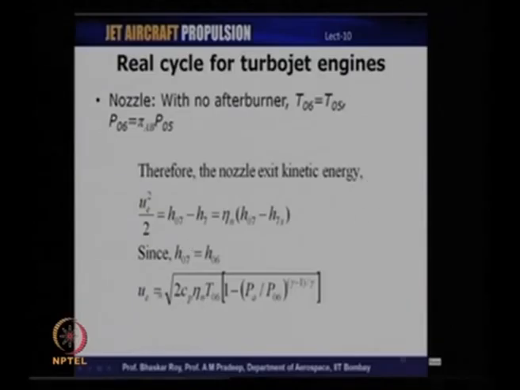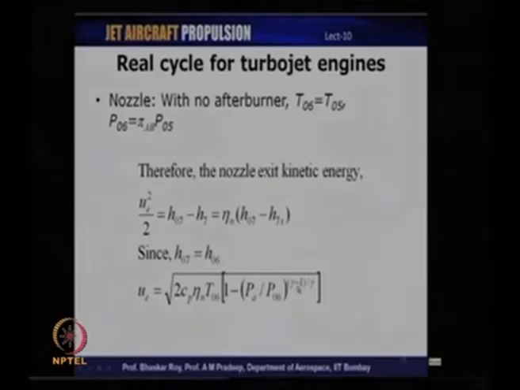If you simplify that, we get the exhaust velocity, which is equal to the square root of 2 Cpg into eta n, the nozzle efficiency, into T06 into 1 minus Pa by P06 raised to gamma minus 1 by gamma. So, we have now calculated all the parameters required for determining the thrust and the other performance parameters like the efficiencies and so on.